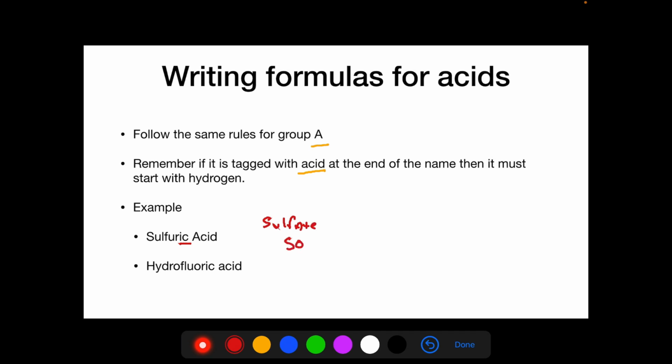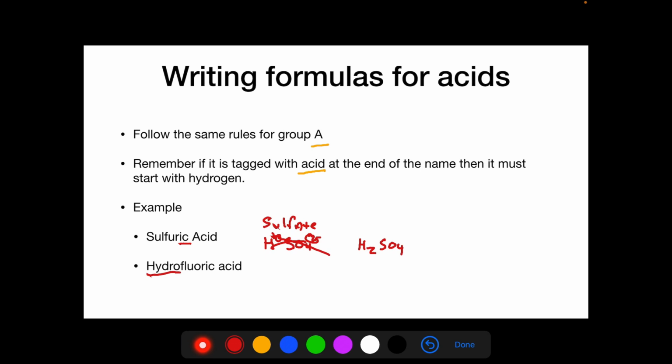Sulfate is SO4, 2 minus, and we have H because it said acid, and hydrogen is a +1. When we flip our charges, we end up with H2SO4.